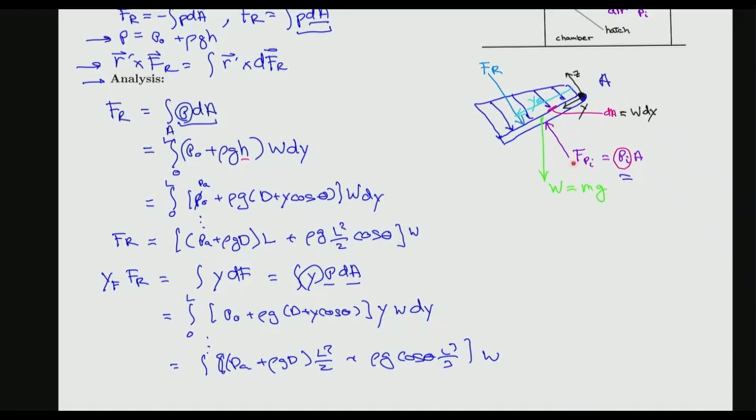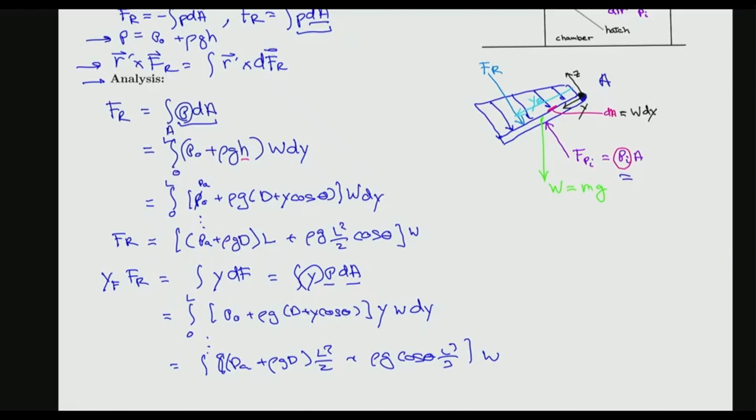And then the moment caused by F_Pi, which is acting at the center, so L over 2 would be its moment arm, L over 2 times F_Pi, but in the, what did I say? This is clockwise. This is counterclockwise. So this L over 2 times F_R, counterclockwise, okay?